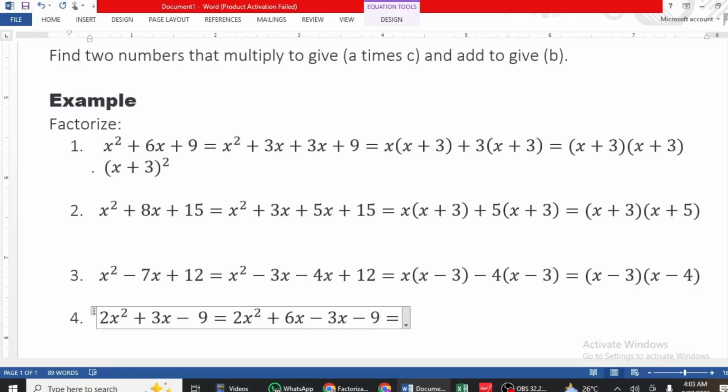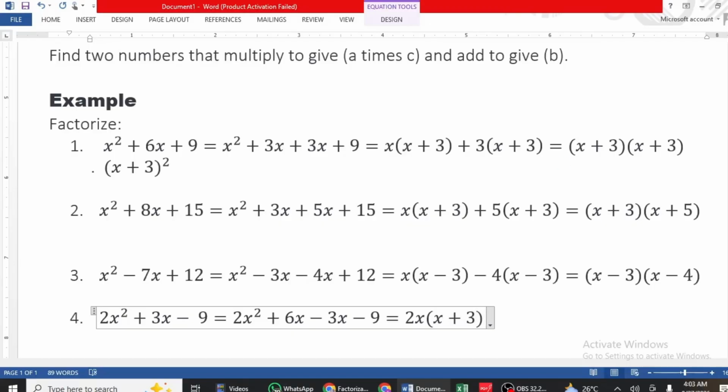From there now, you will pair them, you take the first two and the last two. What is common to the first two is 2x. Then 2x will be outside, then inside the bracket now will be x plus 3.